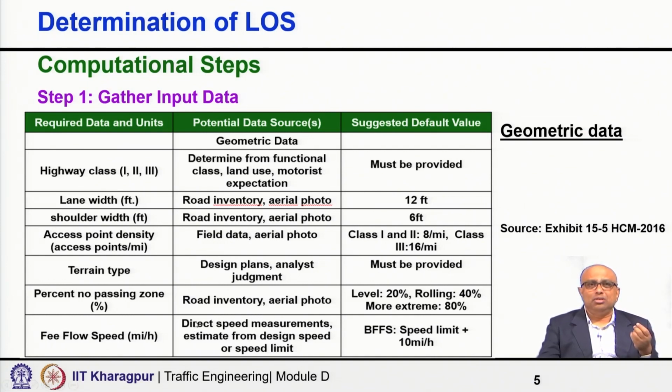Percentage of no passing zone we can get based on the road inventory and aerial photo. If not, a default value may be assumed: for level terrain 20%, for rolling terrain higher, 40%, and for more extreme, very difficult terrain, even 80%. Free flow speed can be from direct measurements or estimated from the design speed or speed limit, and if nothing is known, then base free flow speed may be assumed as speed limit plus 10 miles per hour.